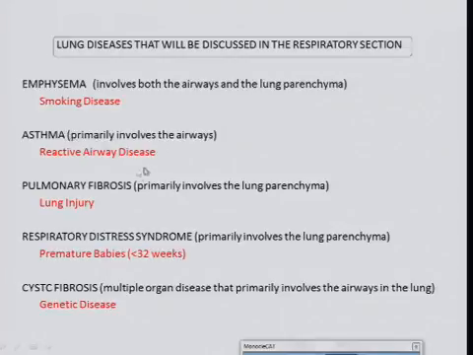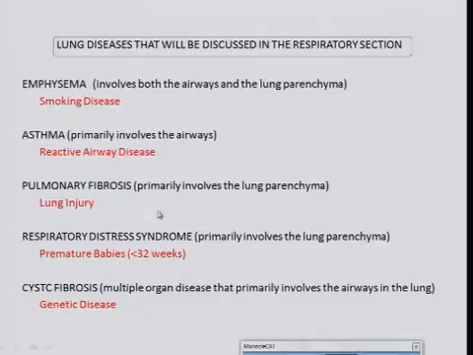and pulmonary diseases. Asthma, very common, primarily involves the upper airways. It's also considered reactive airway disease. This is where you just get a constriction of your airways. Many of you are familiar with asthma. We're going to talk about asthma, and we're going to talk about how dangerous asthma really is. It's very well controlled for the most part, but we're going to talk about that very specifically.